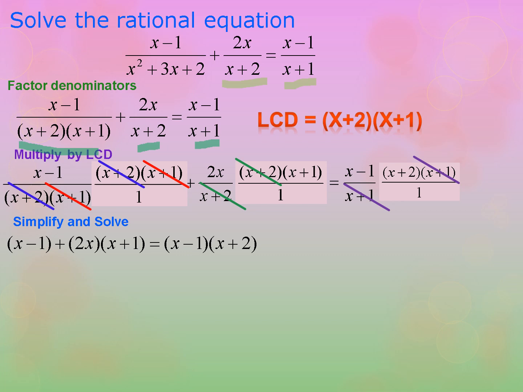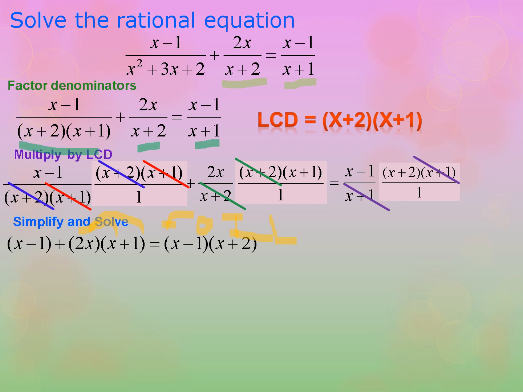So now we have to clean this up. Notice all of our denominators are going away. So I'm going to distribute this 2x to x plus 1, and then I'm going to FOIL that guy. 2x times (x plus 1) is 2x squared plus 2x.